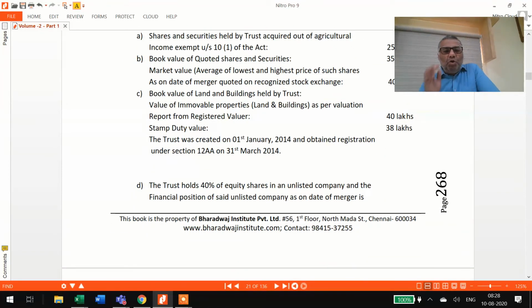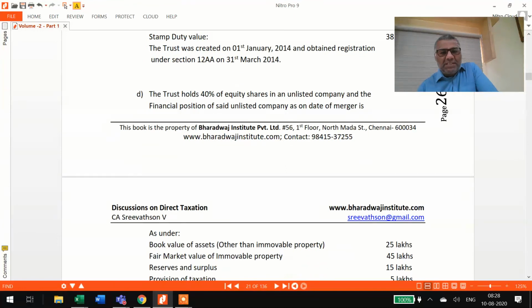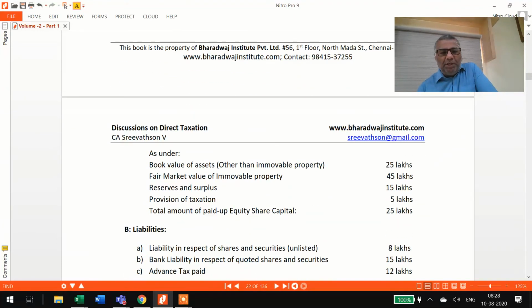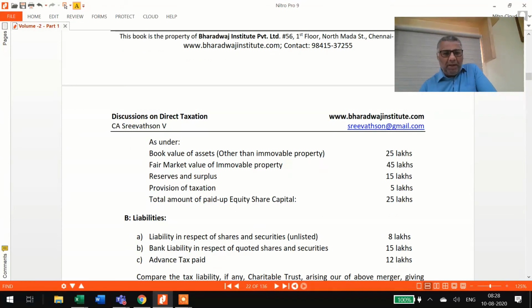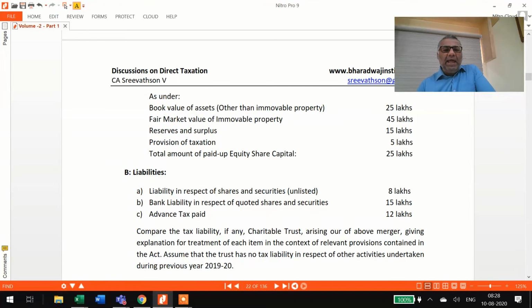The trust holds 40% equity shares in an unlisted company, and the financial position of the said unlisted company on the date of merger is as follows: book value of assets, fair market value of the assets, which needs to be taken, reserves and surplus, provision for taxation, total amount of equity. Liabilities: liability in respect of shares and securities unlisted, bank liability in respect of quoted shares, advance tax paid.